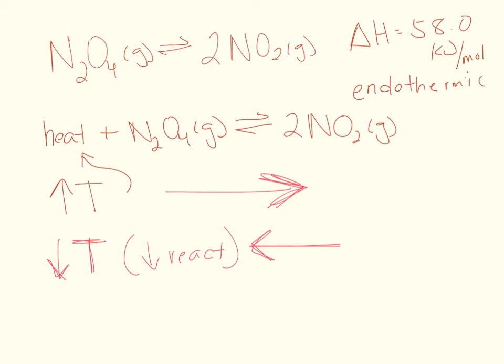So if you have a change in temperature, though, that means that your K sub C will also change depending on what that temperature is, right? Any particular concentration of NO2 or N2O4 would be affected by the amount of heat that's in the overall equilibrium.